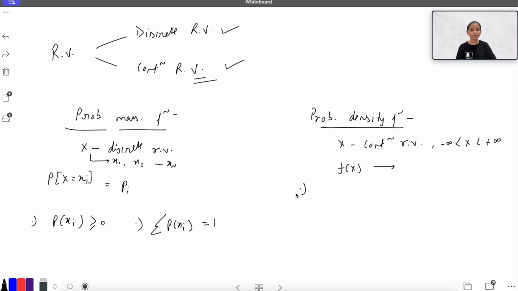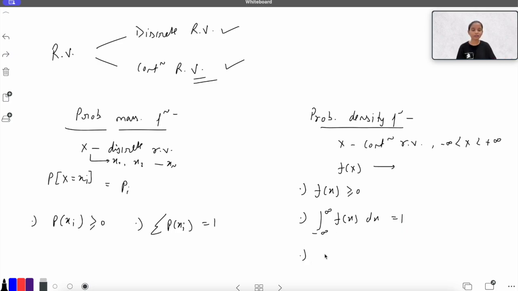Now a function is said to be the probability density function if it satisfies certain properties. The very first thing is that f of x is greater than or equal to 0. And the second thing is that the integral from minus infinity to infinity of f of x dx is equal to 1. That is, the area under consideration, or you can say the total probability, has to be equal to 1.